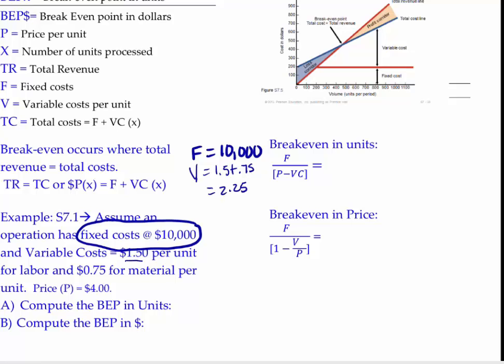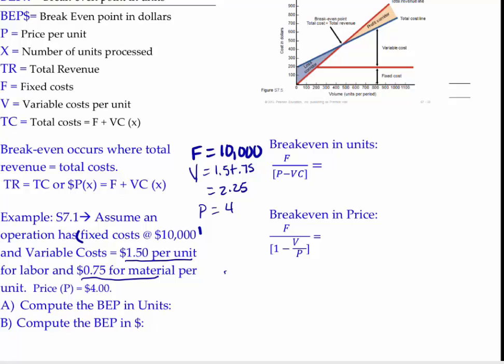And I'm getting that from right here, $1.50 per unit plus 75 cents for material. So our total variable costs then are $2.25. And then it says that we sell these things, our price is $4. So we'll put $4 here.